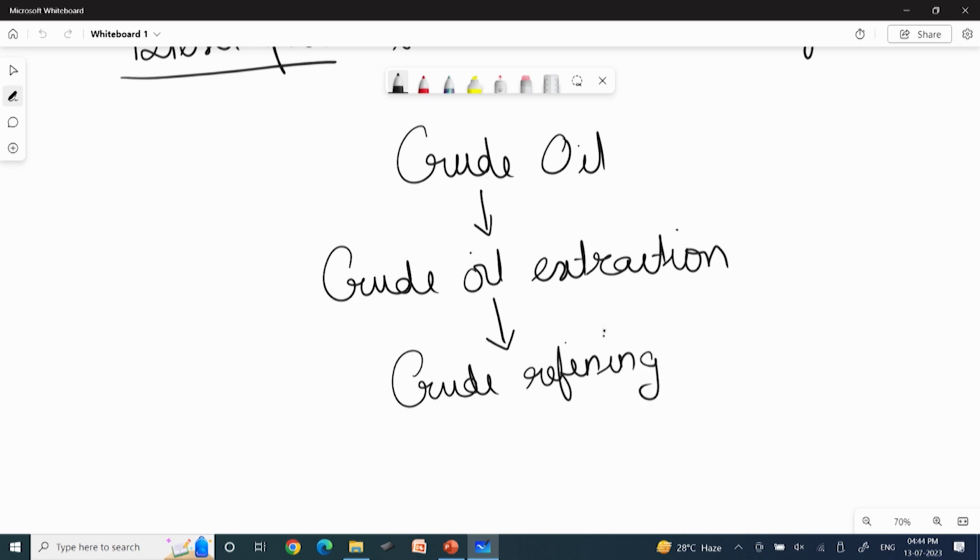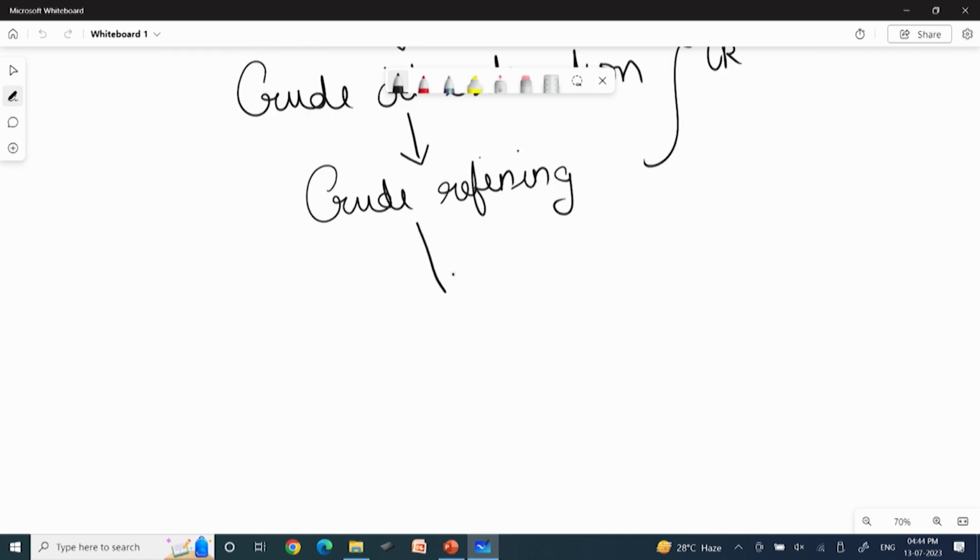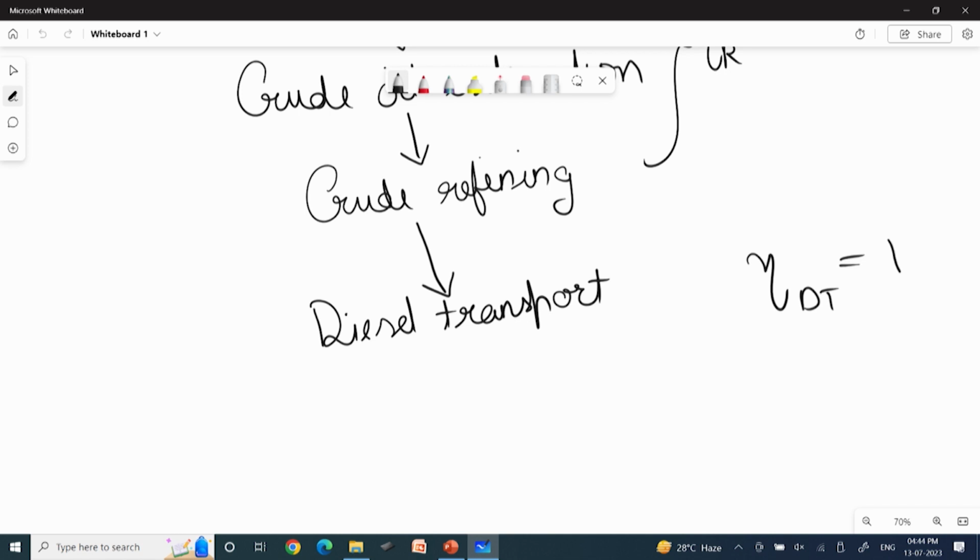The overall efficiency for these three processes, eta R, I am assuming to be around 92%. Then the crude after refining would produce the diesel fuel, and this diesel would have to be transported to the filling station, and this transportation would have an efficiency of 95%.